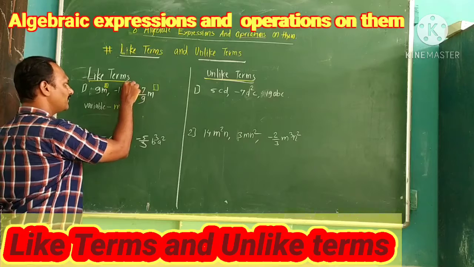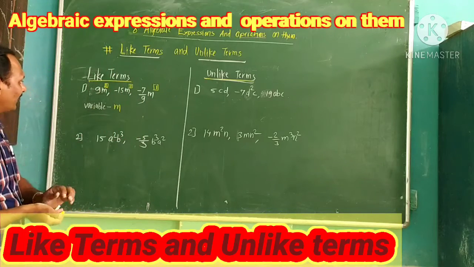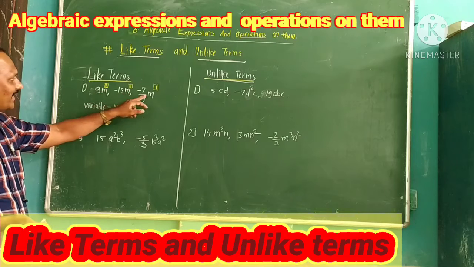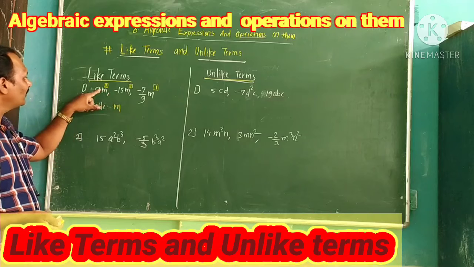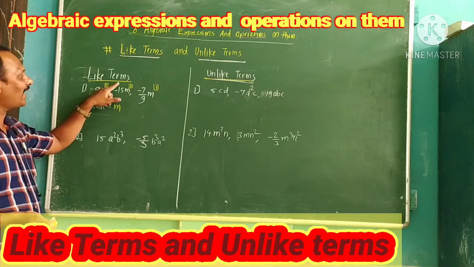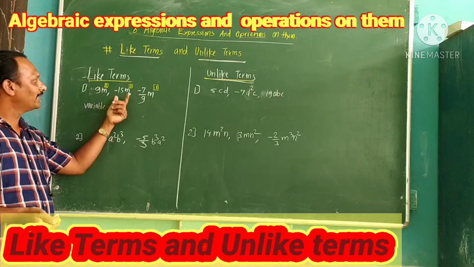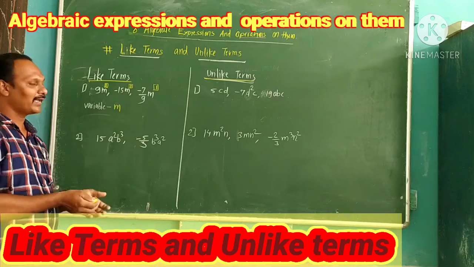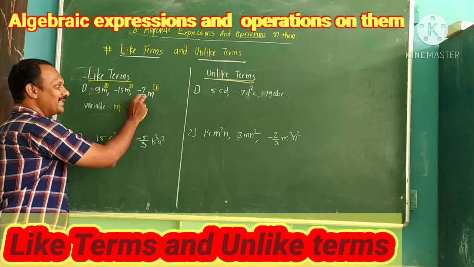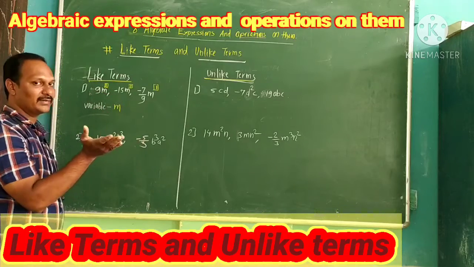Here the index is 1, and here the index is also 1. So the variable is the same in these three terms, and the index is the same too. The index of m in the first term is 1, in the second term is 1, and in the third term is also 1.